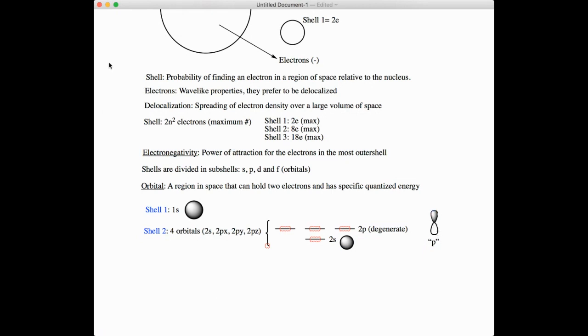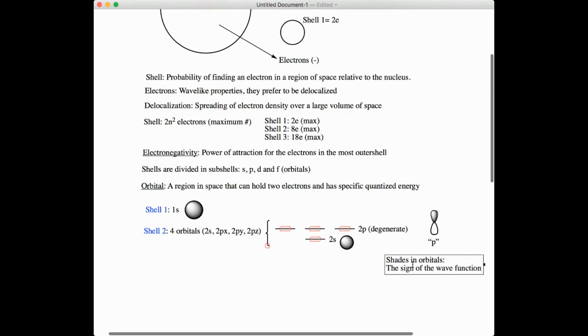No. So the shading refers, and I'm going to write it over here to avoid any confusion, in different textbooks you will find different colors for the shades. The shading simply means something that we call the sign of the wave function. It's a little bit of an advanced concept for you now.